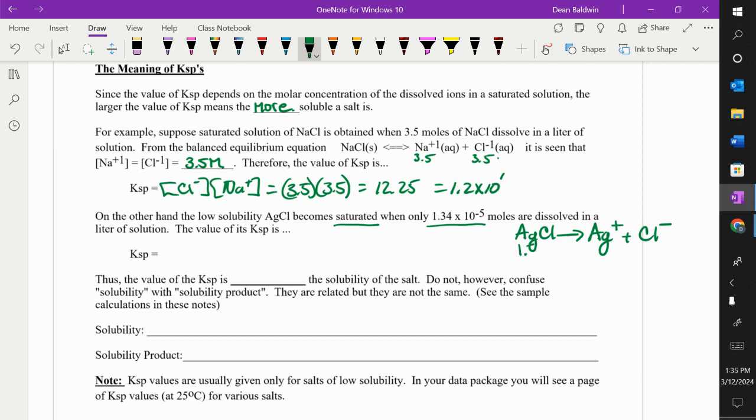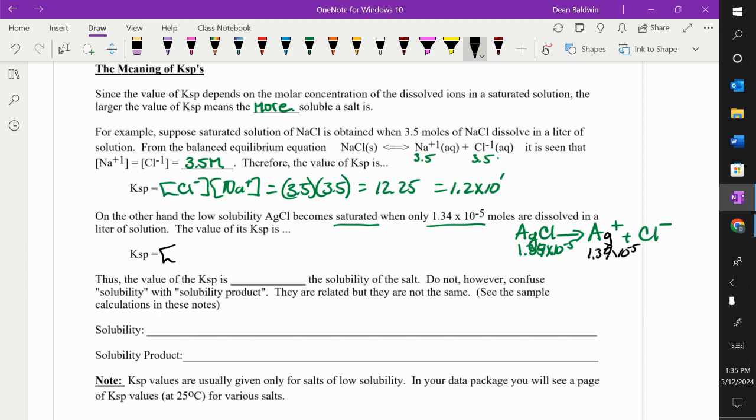So if I have 1.34 times 10 to the minus 5 moles of those, I have the same amount of silver and chlorine ions. So I have 1.34 times 10 to the minus 5, and same for chlorine.